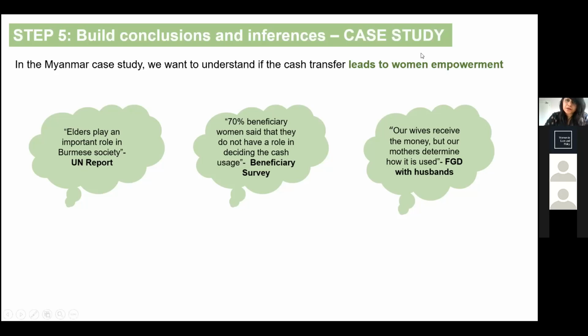And finally, the FGD, or the focus group discussion with the husbands of the beneficiaries, is telling us that our wives receive the money, but our mothers determine how it is used. Based on these three findings, how do you think you can triangulate and build conclusions and inferences?